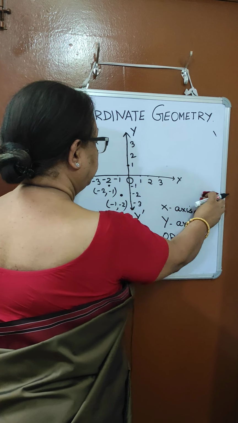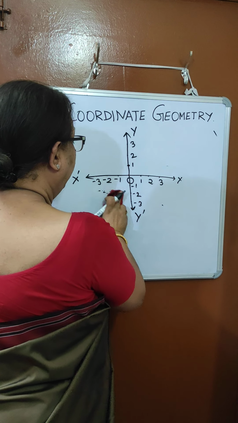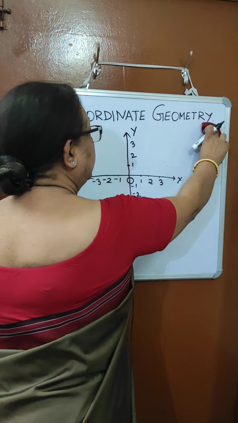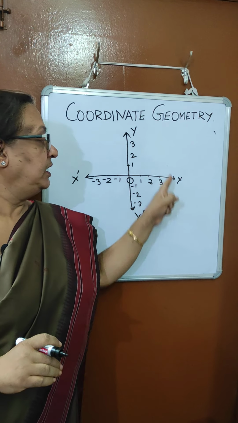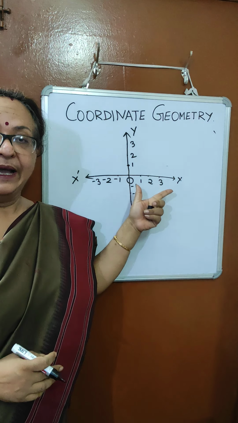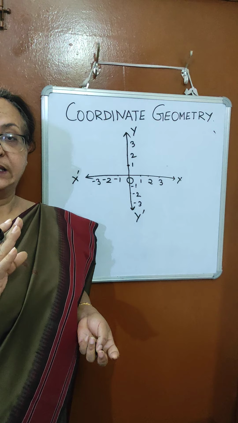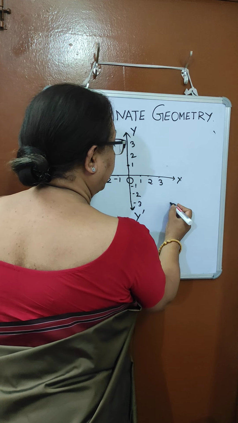Okay, now let's come to another part. Now again we have these 2 axes. Now see here, these 2 axes divide the whole plane. This blackboard is a plane, divided into 4 parts, and each part is called a quadrant.